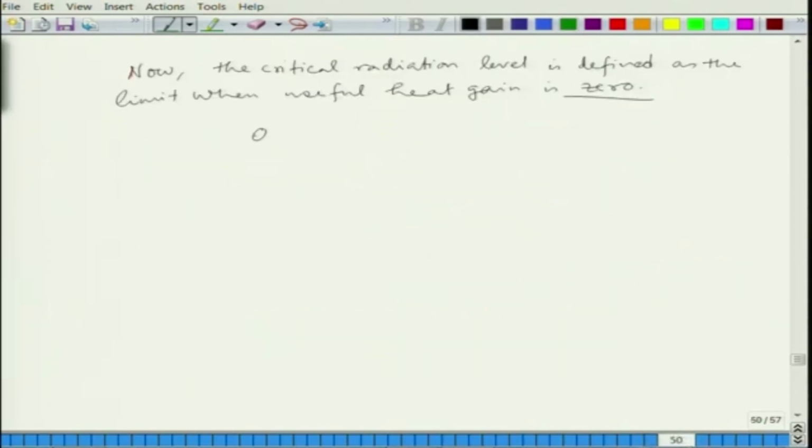Now, when this gain and loss will be equal, Qu will be 0, right. So, when Qu equal to 0, then what we can write? We can write that this Fr tau alpha It, or rather S, will be equal to UL Tfi minus Ta, right.